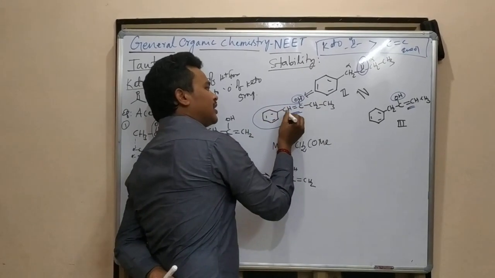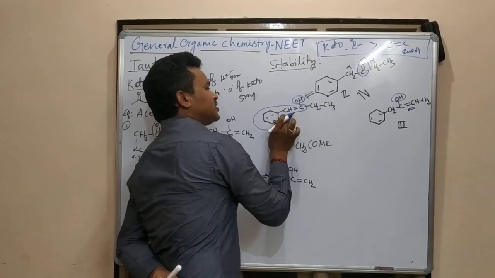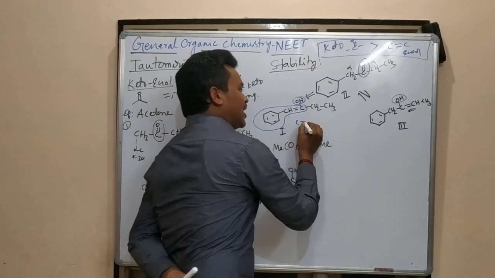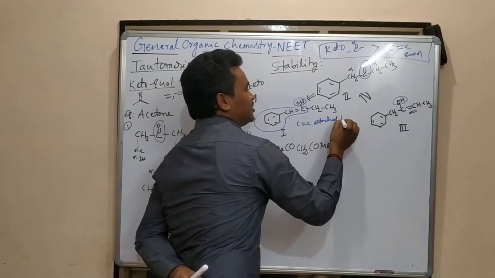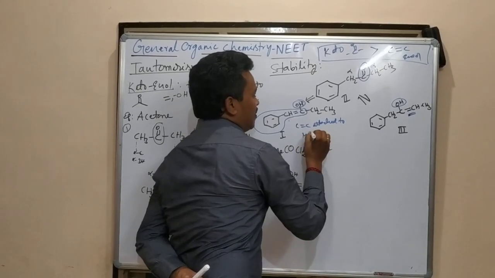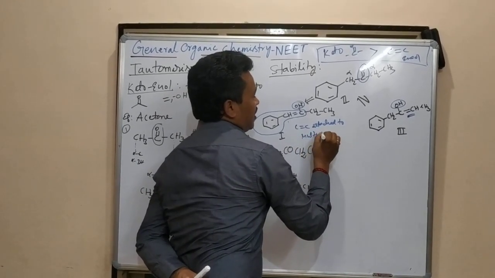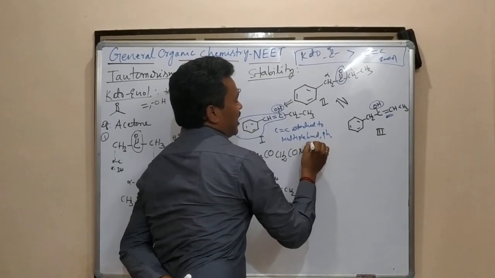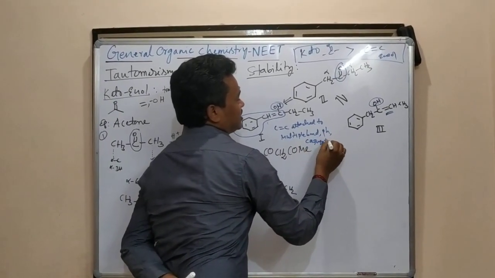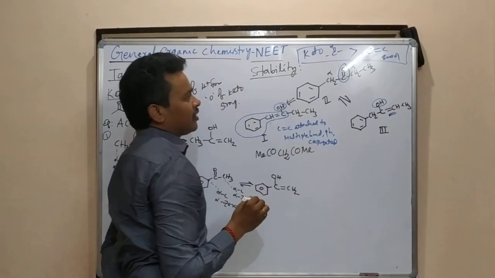All these can participate in the resonance. Whenever C=C is attached to a multiple bond system, otherwise a phenyl ring, any conjugated system, at that time it will be stable.